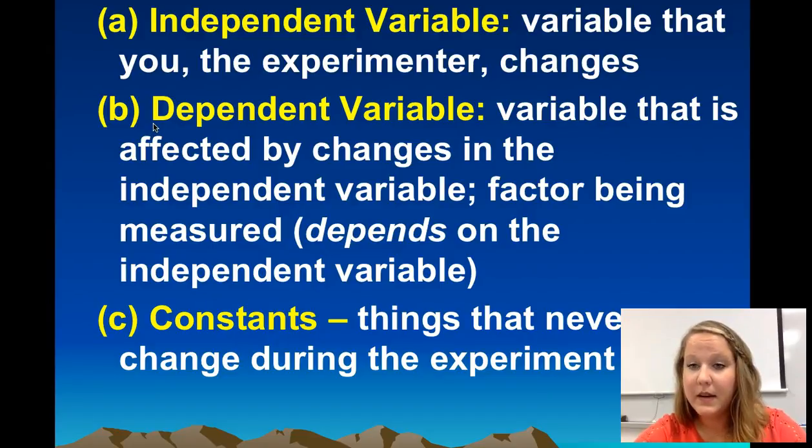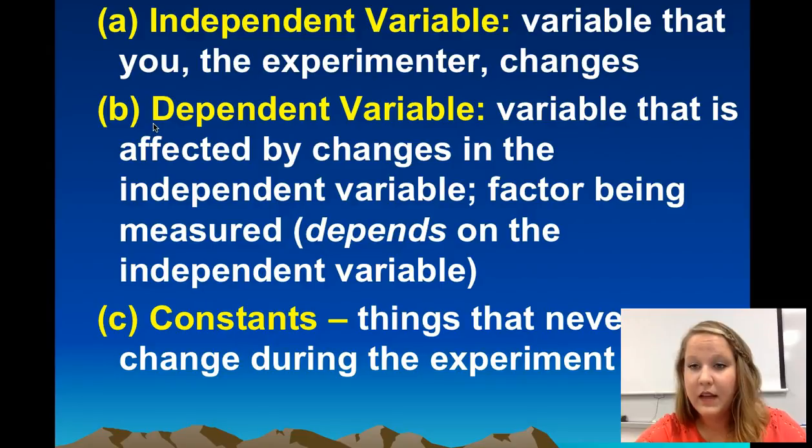So your independent variable would be something that you could change. One thing that you could do would be to change the setting. You could say, I'm going to grow one potato in the light and one potato in the dark. You're not changing the potato. That will be your constant. That's not changing. But your independent variable would be the setting, or where you're placing the potato, the light and the dark.